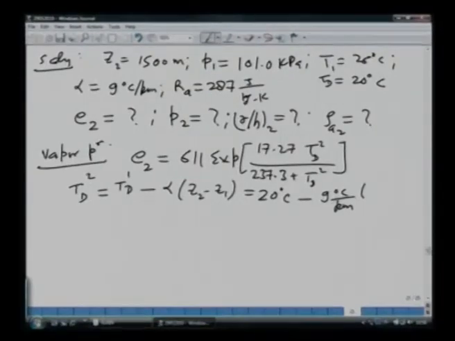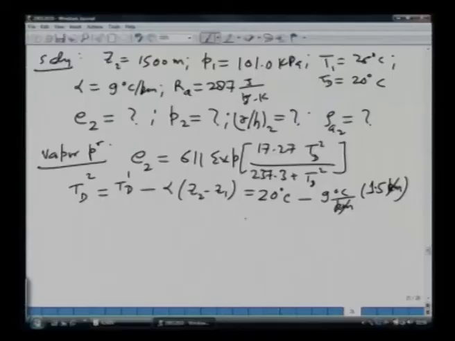But our lapse rate is in degree centigrade per kilometer, so we put the value of Z2 minus Z1 in kilometers, so that kilometers will cancel out. You have to be careful while choosing the units or putting the units into a particular equation. You can simplify this and it will give me TD at height 2 as 6.5 degree centigrade.